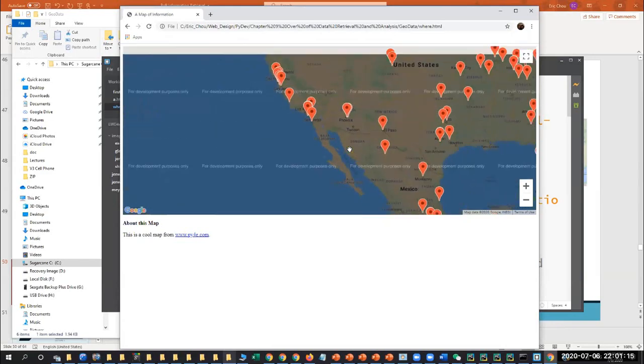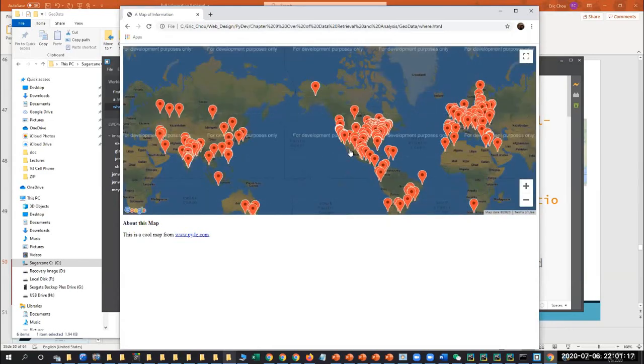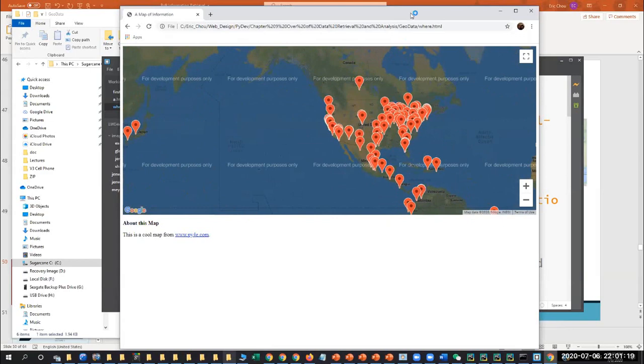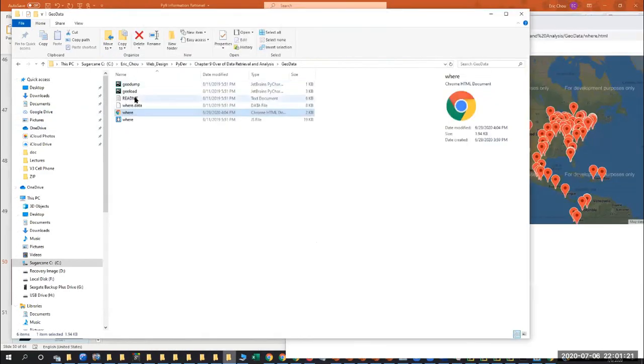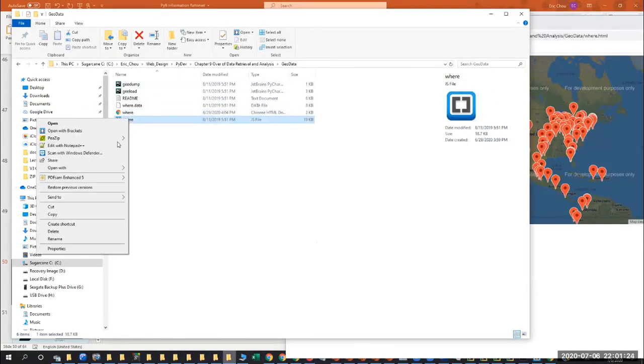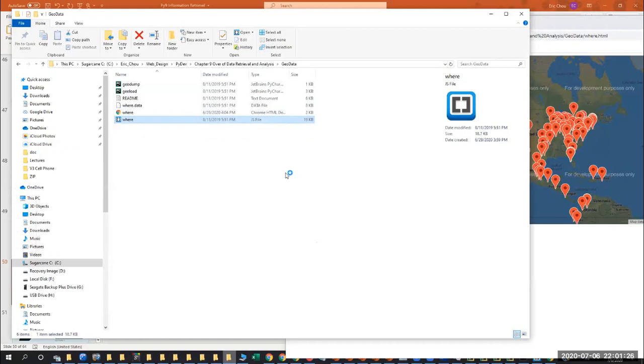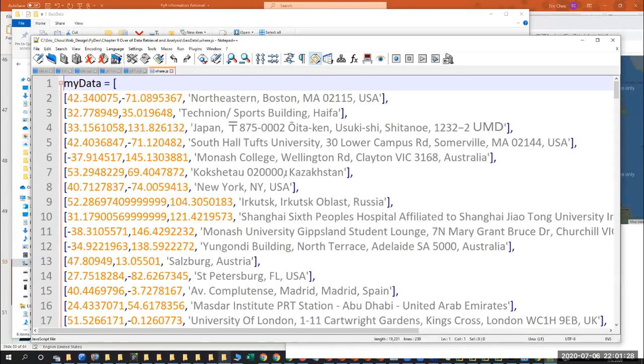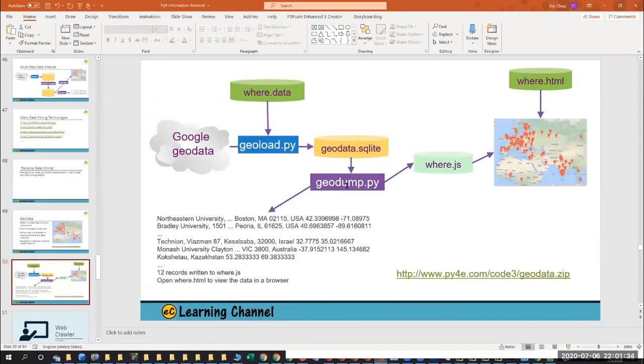Is it okay? The data actually is from this where.js. Where.js is what? Where.js is the Google geodump data.